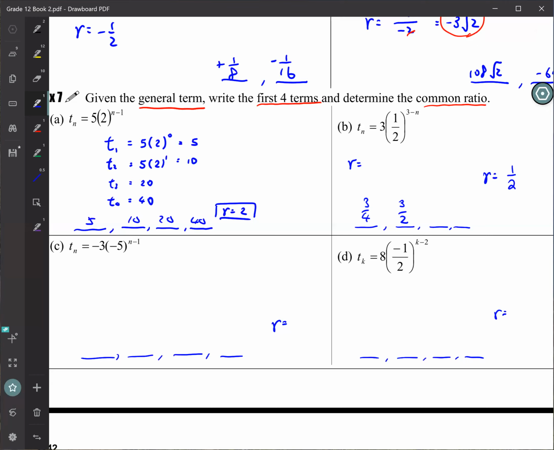Oh, wait, never mind. 3/2 divided by 3/4. And then how do we do division? 2. How do you do that? Oh, I used the calculator.